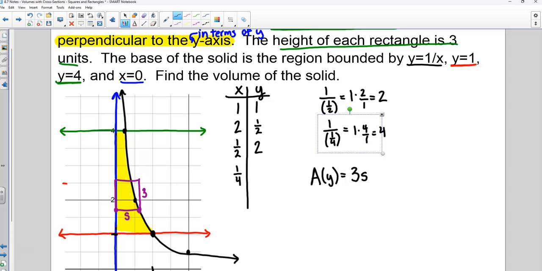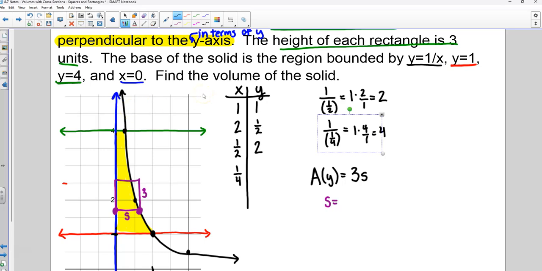Now, our s value that we have marked here, we have to find it. Since this is horizontal, we have to do right minus left to figure out how wide that value is. Also, everything has to be in terms of y. Is this equation that we have for this black line in terms of y right now?